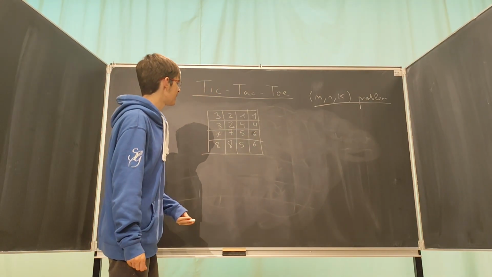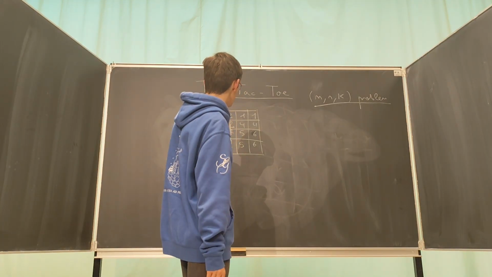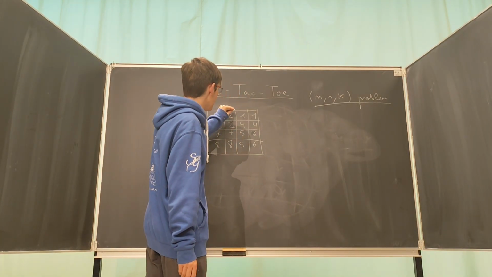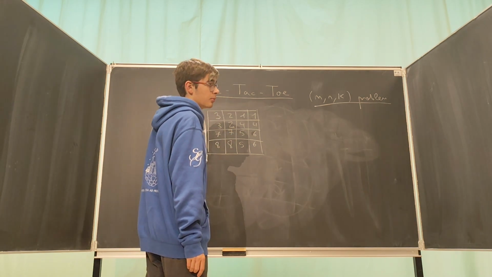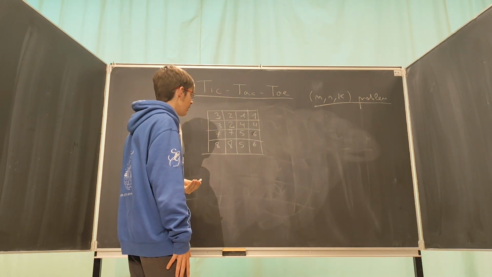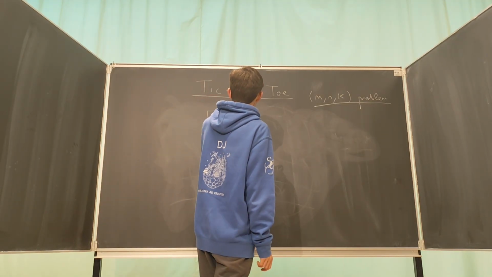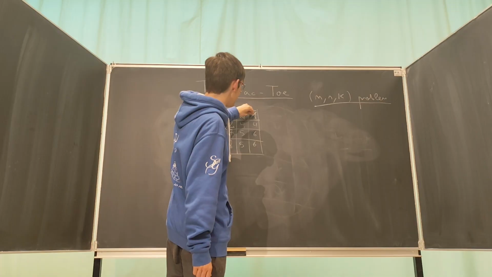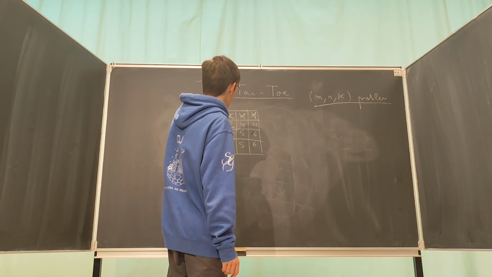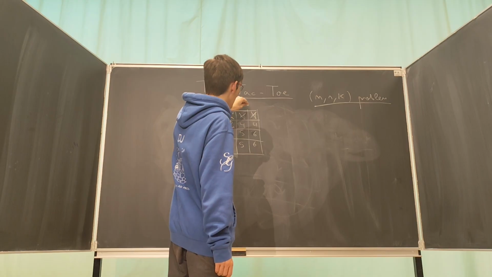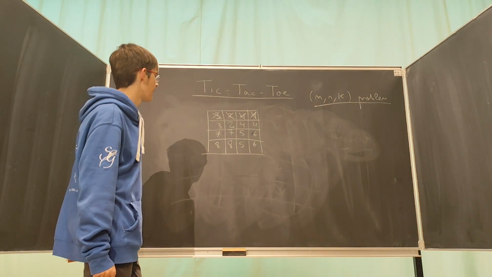So that means that player 1 can never achieve a position in which he occupies an entire row or an entire column. For instance, he can never achieve this, because when he places here, player 2 is going to play here, and when he plays here, player 2 is going to play here. So this can never happen.